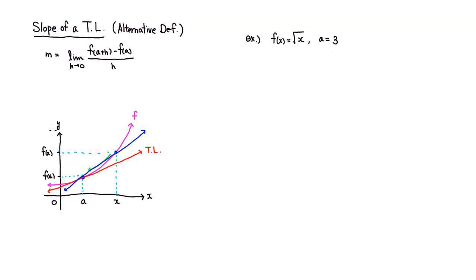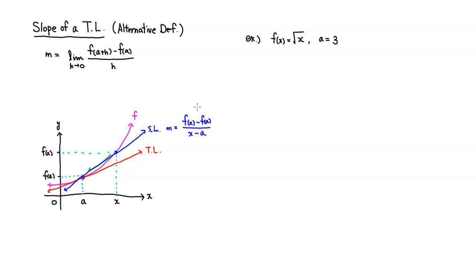So the slope of the secant line is: the rise is the difference between f of x and f of a, and the run is the difference between x and a.